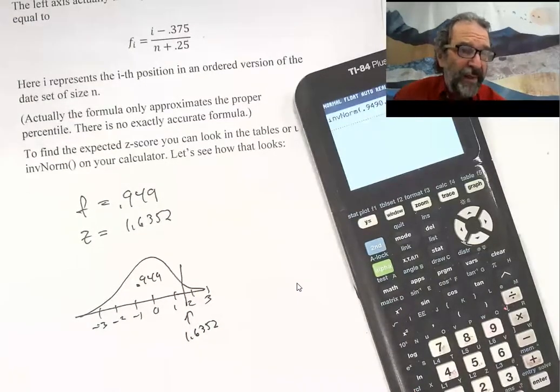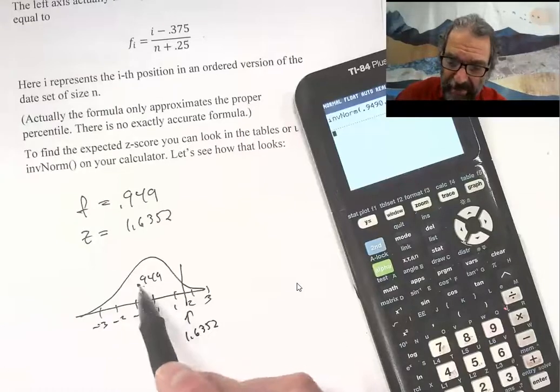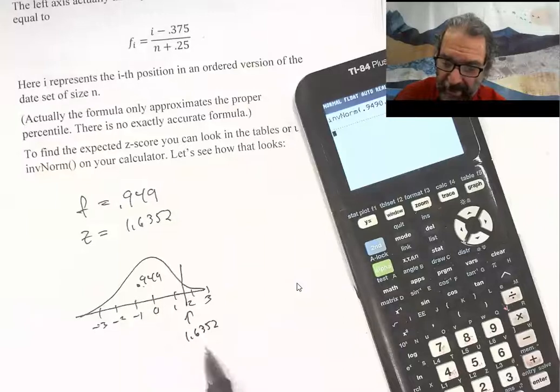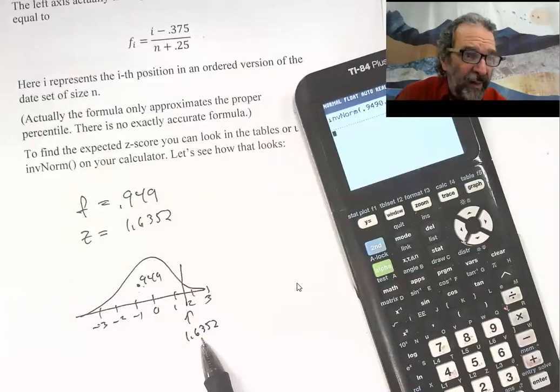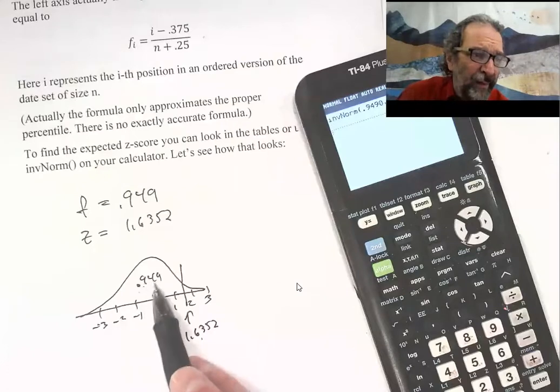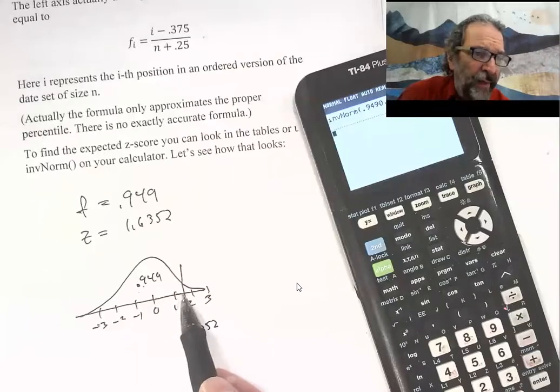So you could find that in the tables by hunting for 0.95 and then finding the z that goes with that. I think for 0.95, I think it's 1.645, but this is a little bit different. So that should make us actually pretty close to the same one.